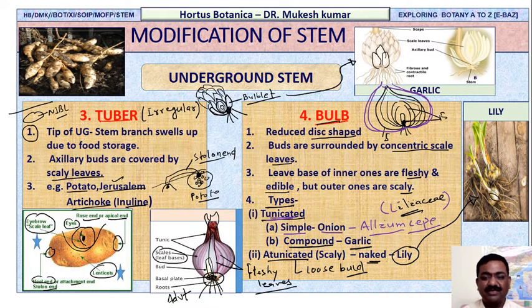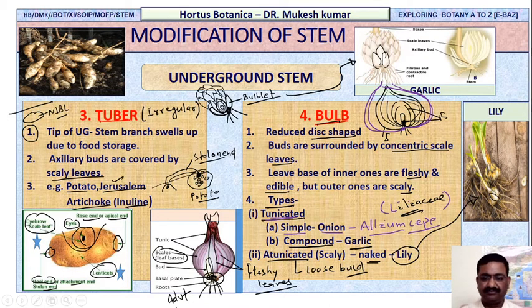So the cause of tearing is the sulfur found in the onion. It's very pungent, isn't it? Another example is garlic. It's also a very important medicinal plant. It has very good anti-diabetic properties. So these are very important plants, stems which are edible as well as having medicinal importance.